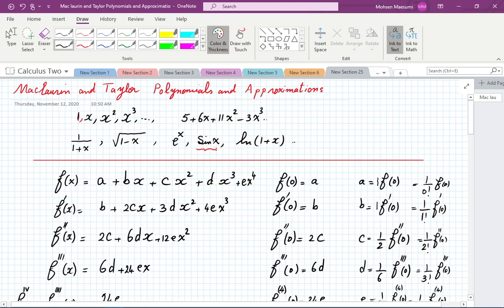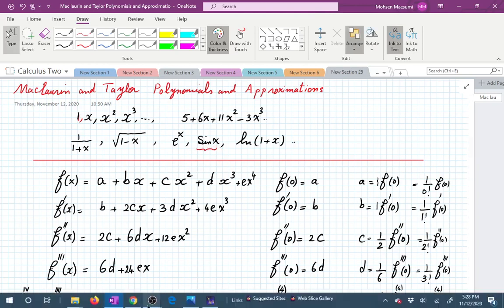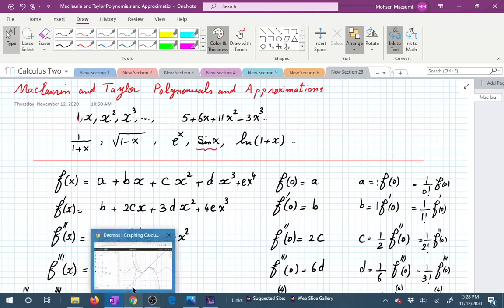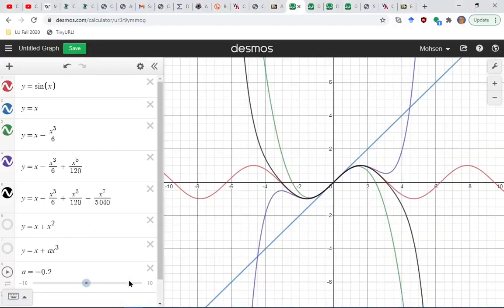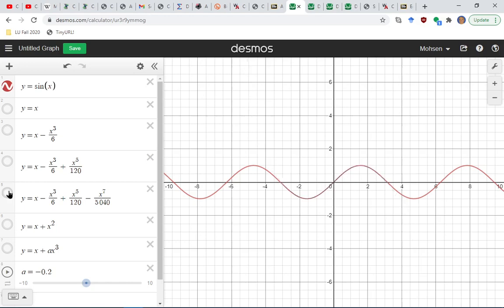So you remember last time we talked about sine of x and how to approximate it by a polynomial. So sine of x, let me take these graphs off now. Sine of x, you're familiar from trigonometry, looks like this wave, and the question is, how do we approximate it by a polynomial?